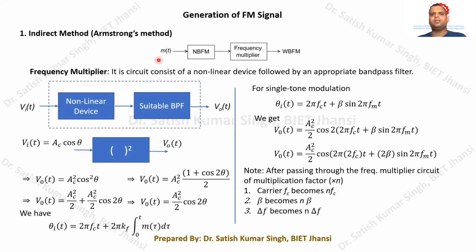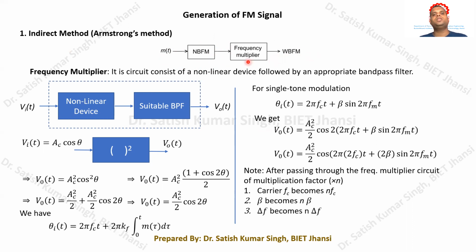Basically, in this indirect method of generation of the WBFM signal, we take the message signal and first use it to generate a narrowband FM signal. Then this narrowband signal is further used for generation of the WBFM signal, the wideband frequency modulated signal.